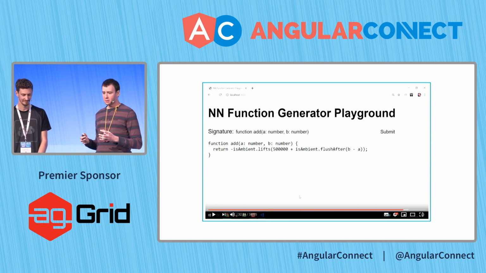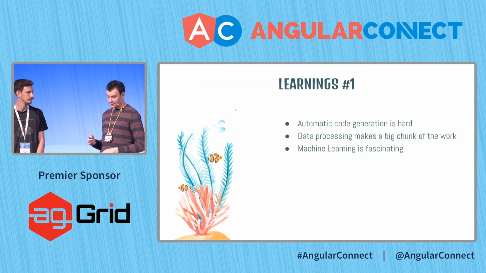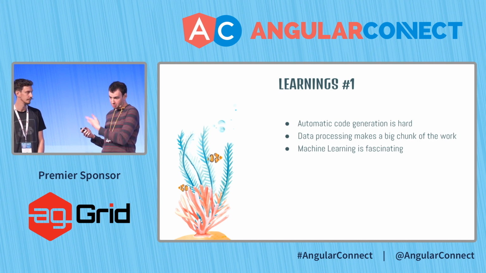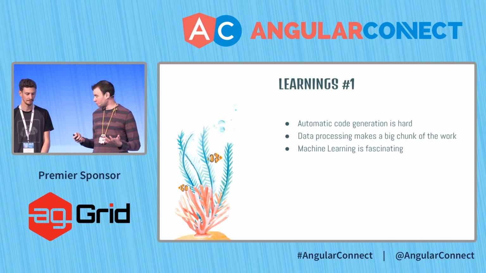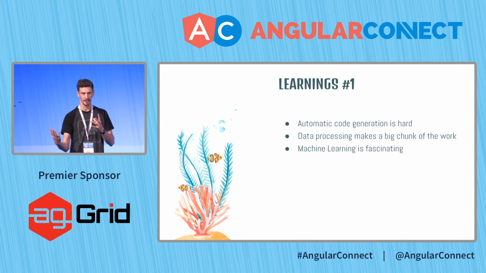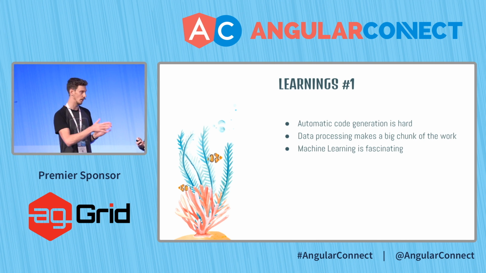And after this talk, we were excited and we summarized our learning. So first of all, you just had a glimpse, but we learned that automatic code generation is hard, right? Right. And also what we learned is that data processing, we talked about this a lot in our talk at NG Vikings, so you can check it out.